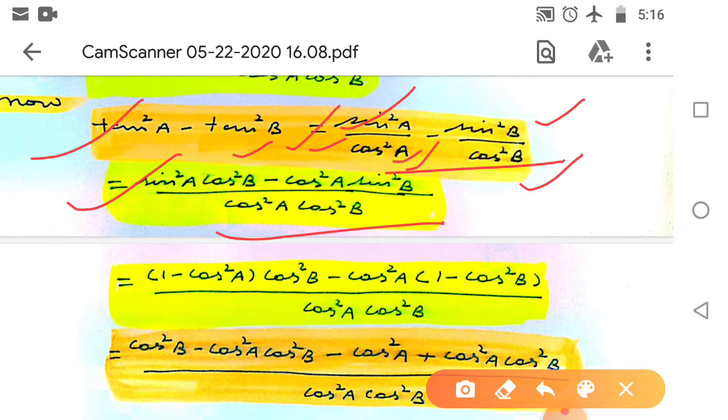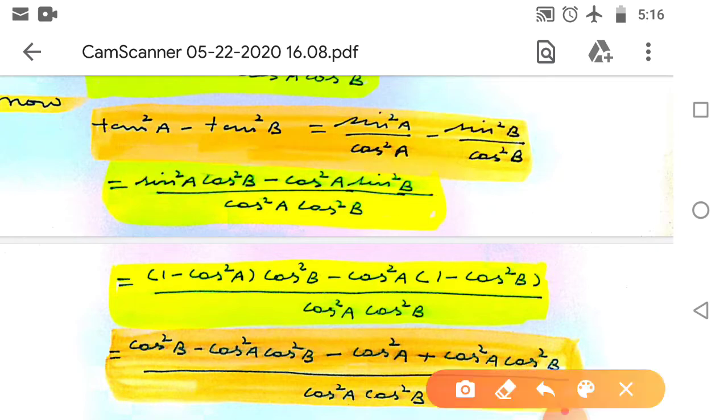Now we need only cos square terms in the numerator, so we have to replace the sine square A and sine square B from here. So our step is, instead of sine square A we write 1 minus cos square A, this cos square B as it is. Any problem?